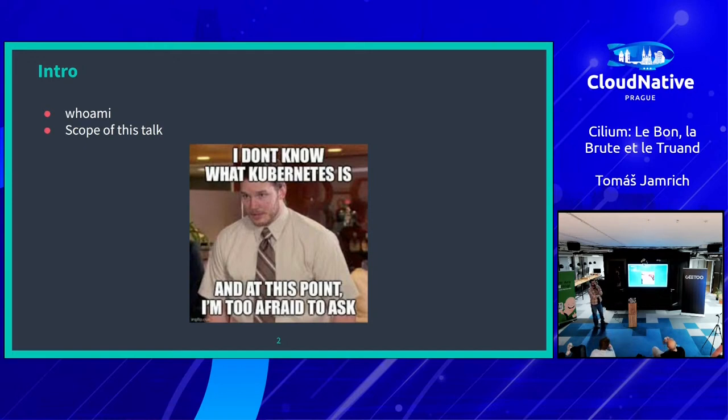But I will cover the fields where I think the technology really shines, and fields that you may need or want in your Kubernetes setups.